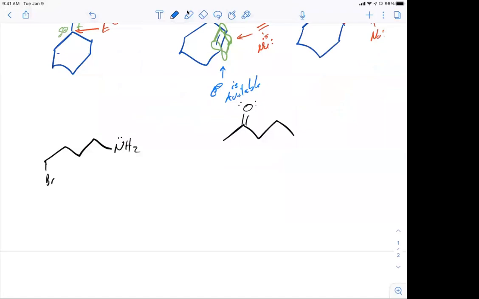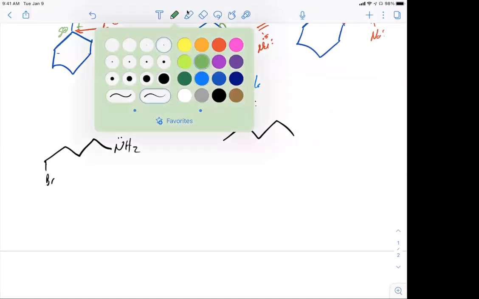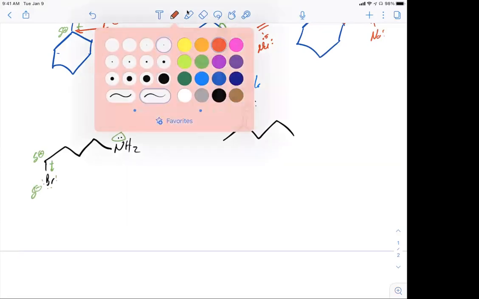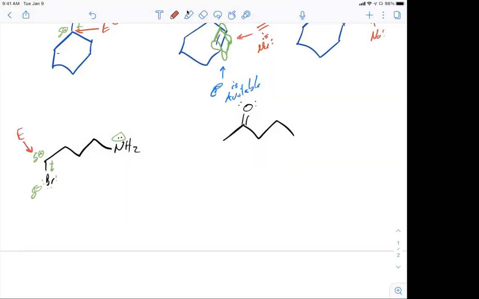In this species, this first one down here, we have a dipole moment here. We've got a lone pair there. So that means this is going to be partially positive. This is partially negative. The bromine does have lone pairs, but they are not really available, right? So therefore, we know that that position is electrophilic.